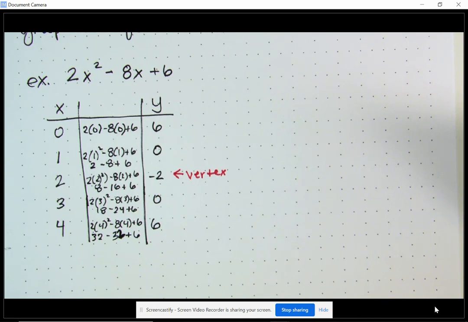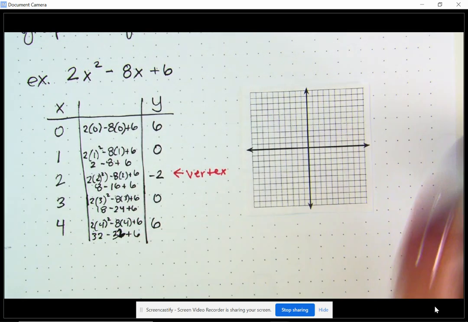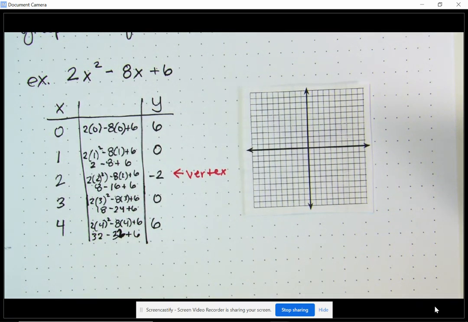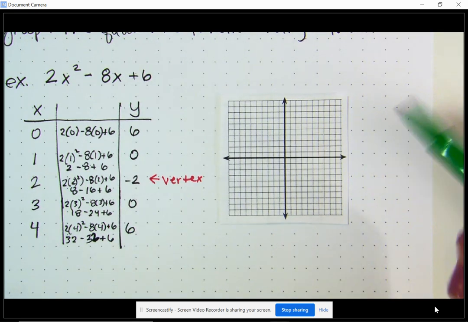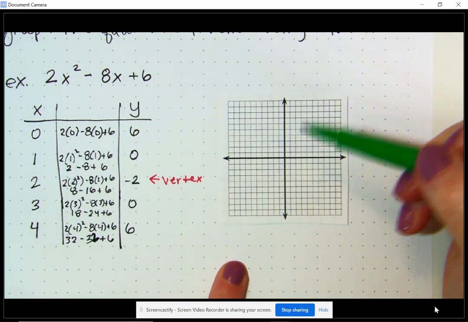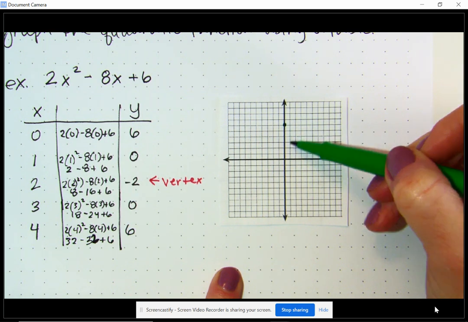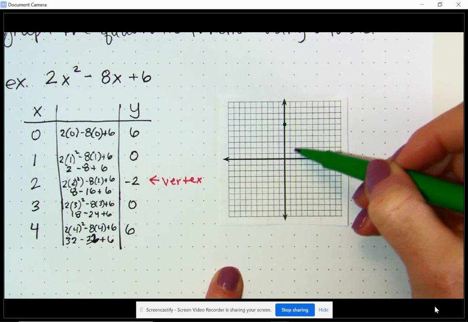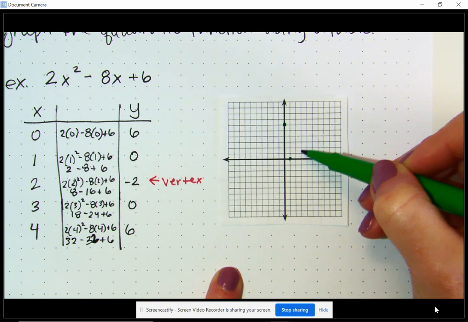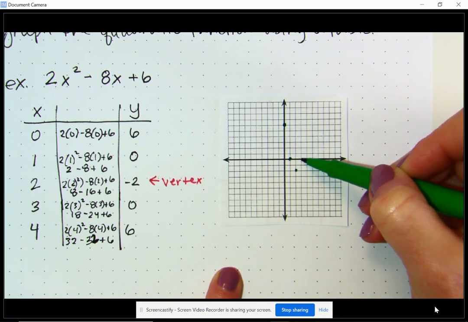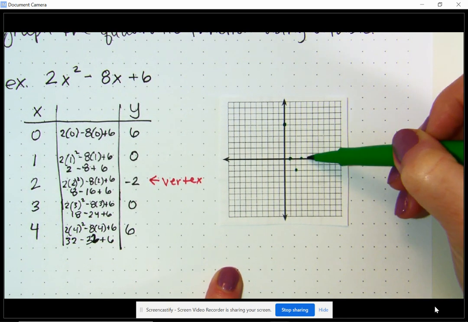So hopefully you have some graph paper. And we're just going to start plotting our points. 0, 6, 1, 0, 2, -2, 3, 0, and 4, 6.